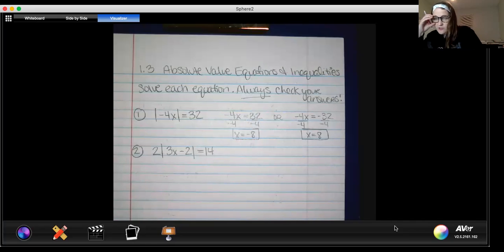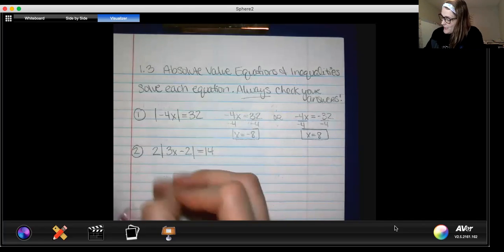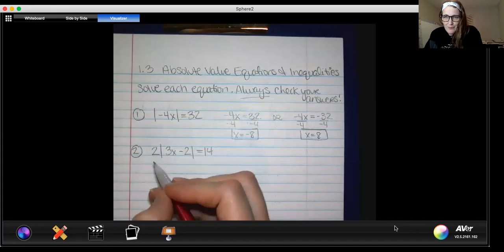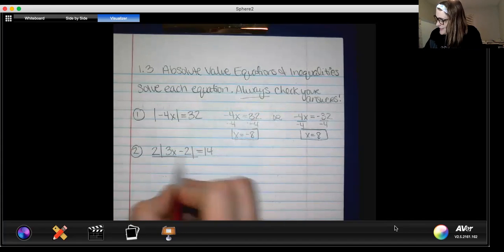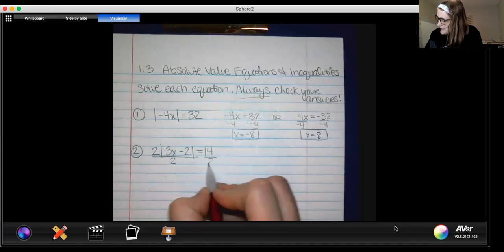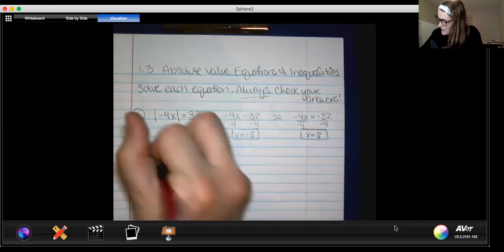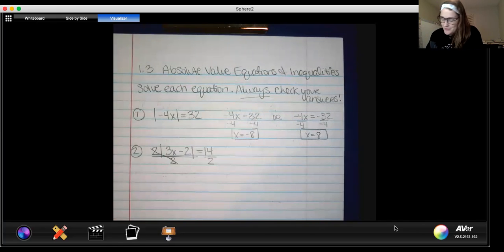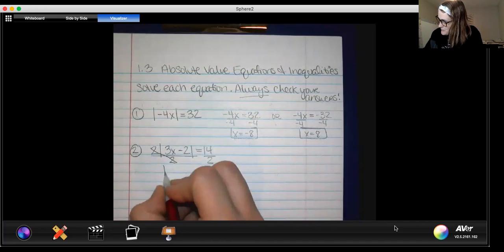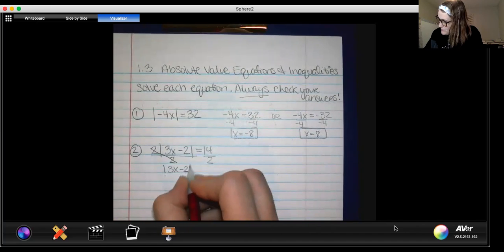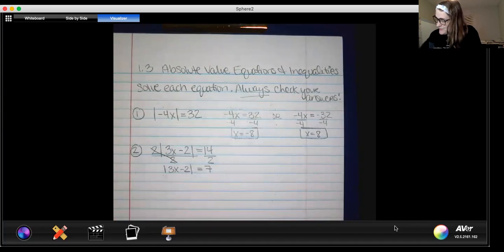So in order to solve, I would not distribute the 2, but I can divide by 2. When I divide by 2, that only simplifies that part, and I have the absolute value of 3x minus 2 equals 7.